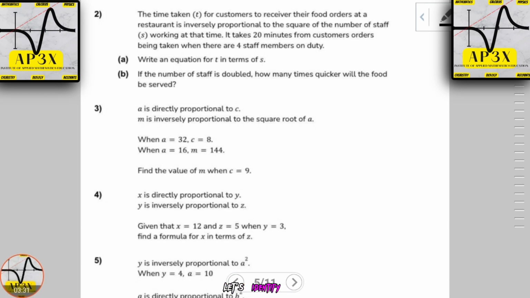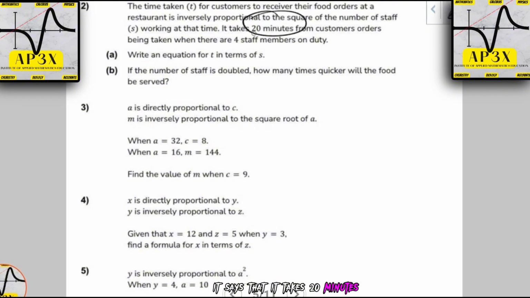Now let's identify some variables. It says that it takes 20 minutes from customers' orders being taken where there are 4 staff members only.